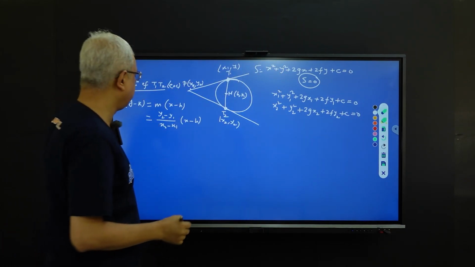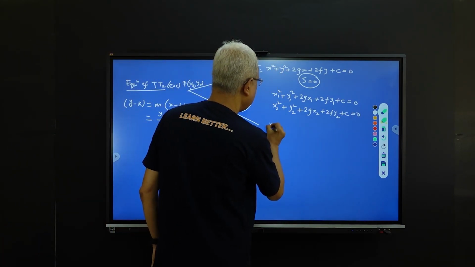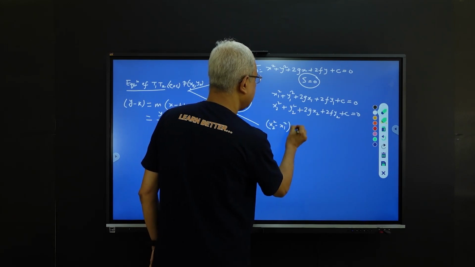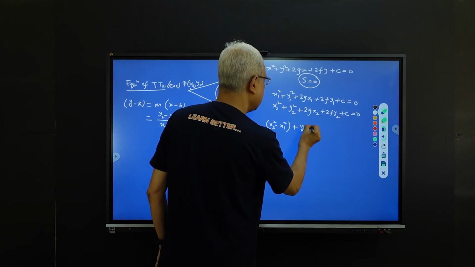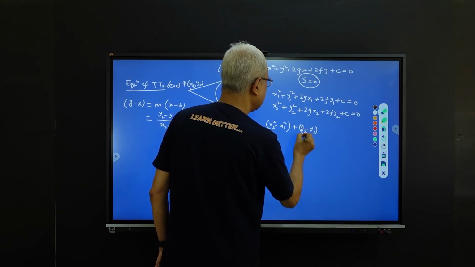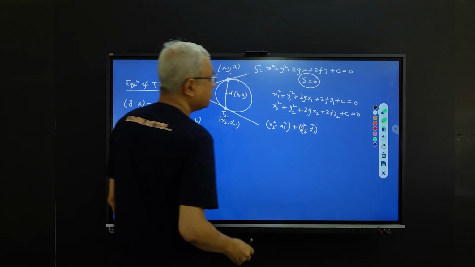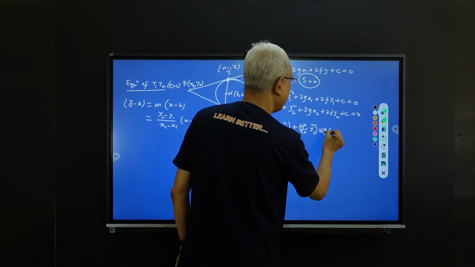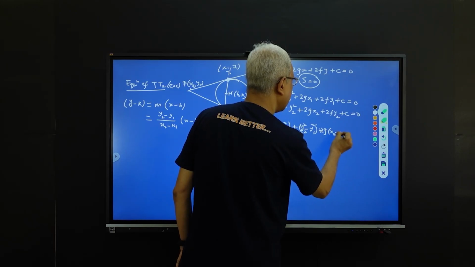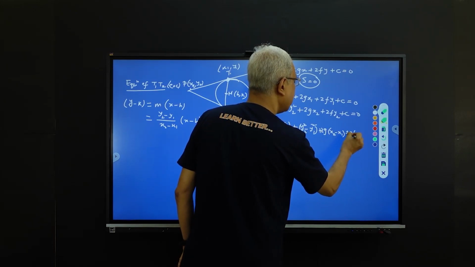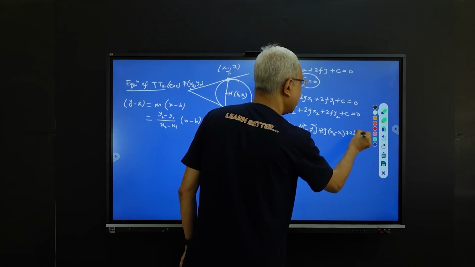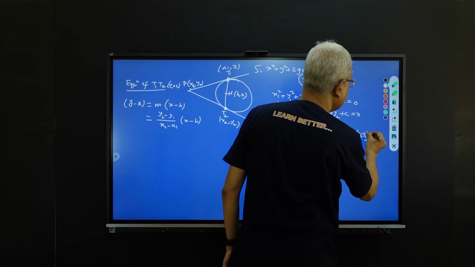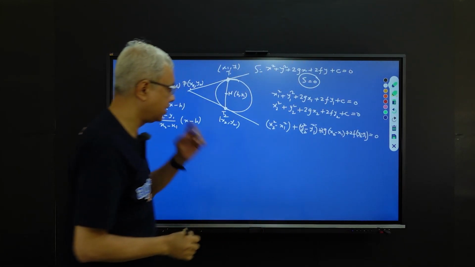If I take the difference of these two, I can write x2 square minus x1 square plus y2 square minus y1 square plus 2g (x2 minus x1) plus 2f (y2 minus y1) is equal to 0.